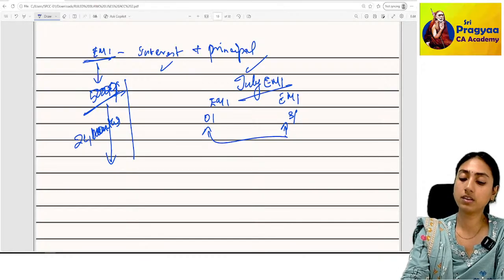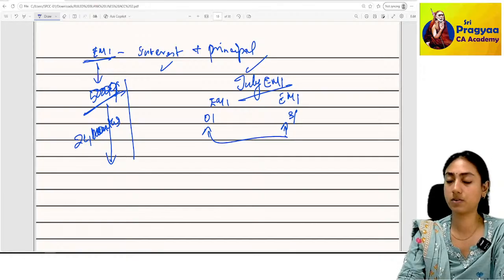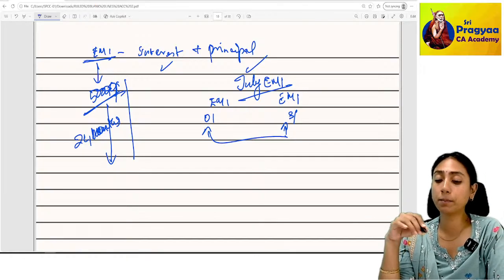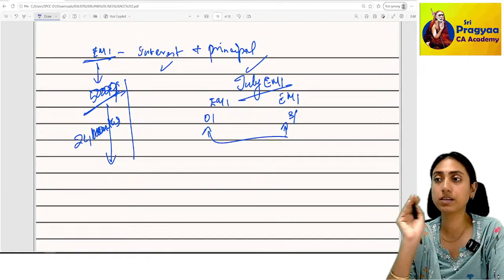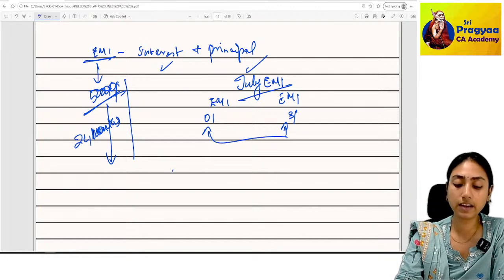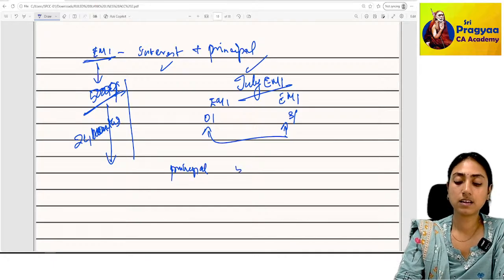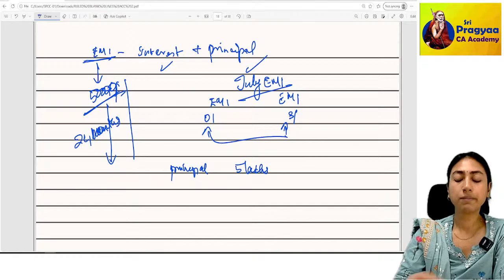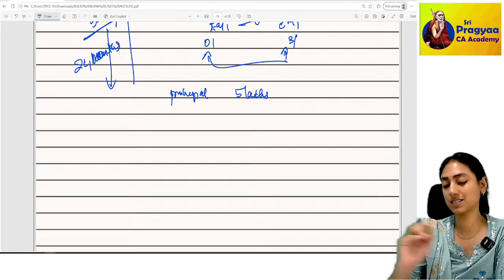Say I am paying the July EMI on the first itself, or I am paying the July EMI on the 31st. There is a difference. To see the impact, say I have borrowed a loan of 5 lakhs. My principal is 5 lakhs. We'll dig deep into this concept, this is just the overall overview.